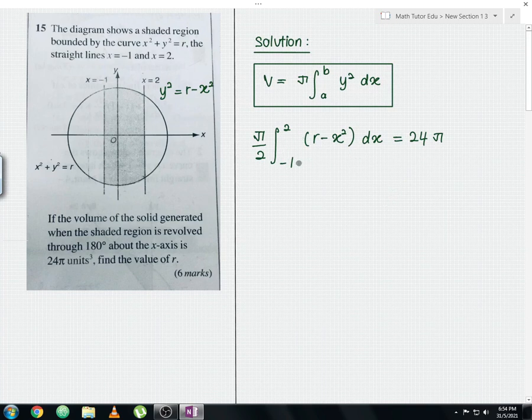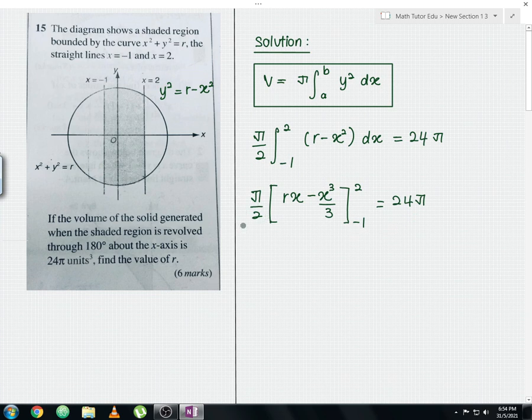So we can perform the integration inside the bracket now. So from here, pi over 2, and then you make a square bracket. So from here, r will become rx, negative x square will become negative x cube over 3, close bracket with the upper limit of 2 and lower limit of -1. So you should get equals to 24 pi.